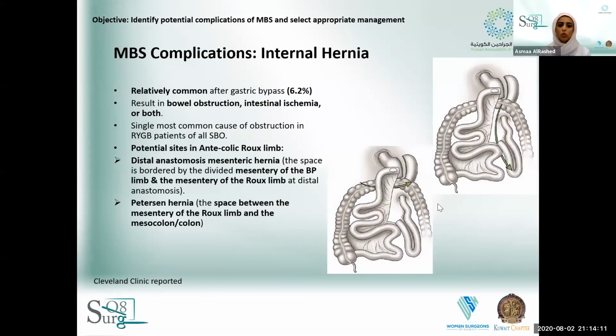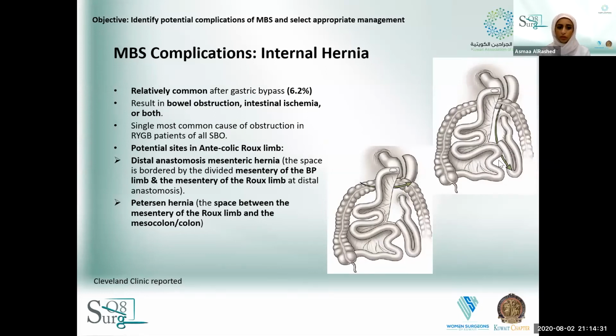When you do your Roux-en-Y gastric bypass, there are two techniques: the antegrade and the retrograde technique. In the antegrade, there are only two defects that you would create to do your anastomosis, whereas when you do the retrograde, there are three defects that you could create.